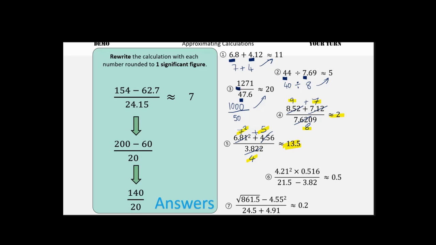On question 6, this number becomes, to one significant figure, 4, and it's 4 squared. This is my first significant figure, so that becomes 0.5.